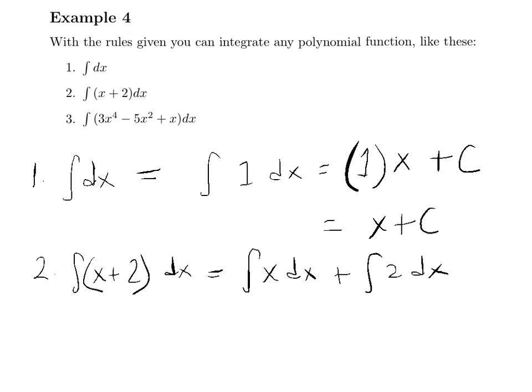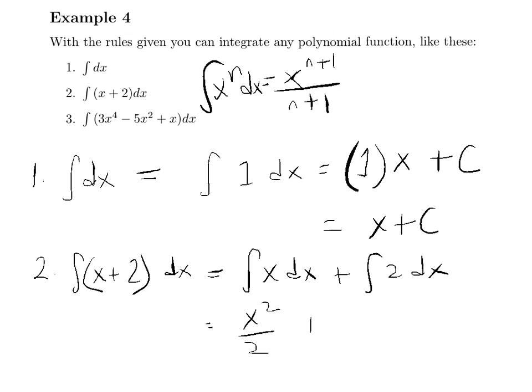So the integral of x dx is going to be our x to the n plus 1 over n plus 1. Okay, so in this case it will be x squared over 2 plus the integral of 2 dx will just be 2x. And then we can just put one constant of integration out front.